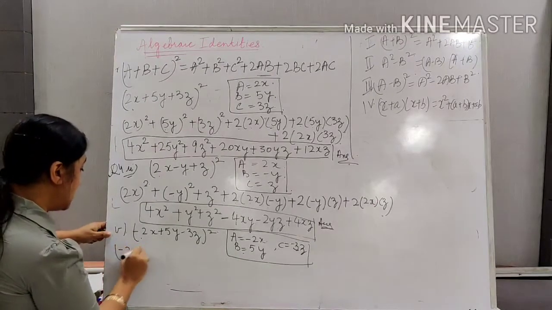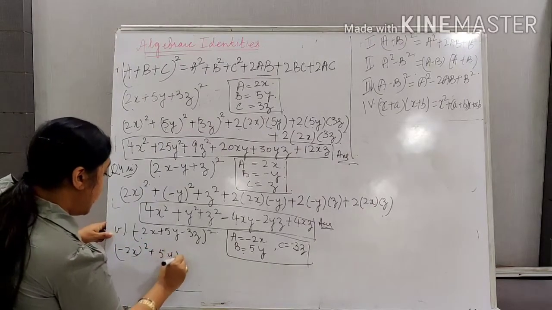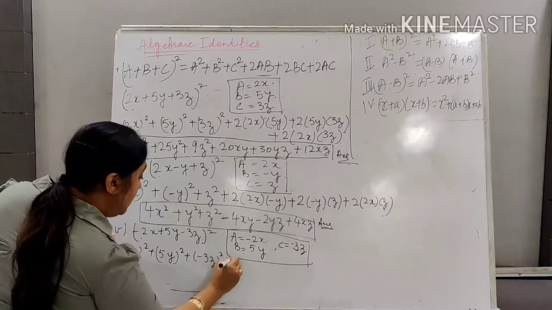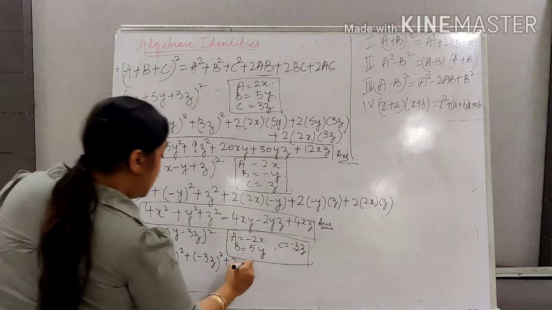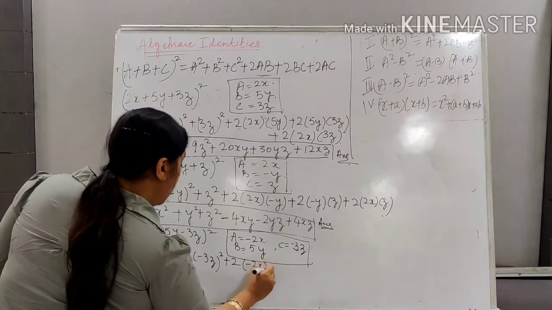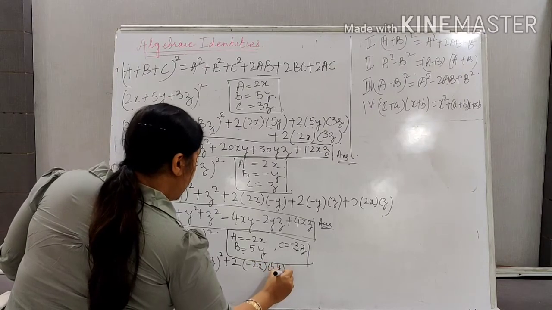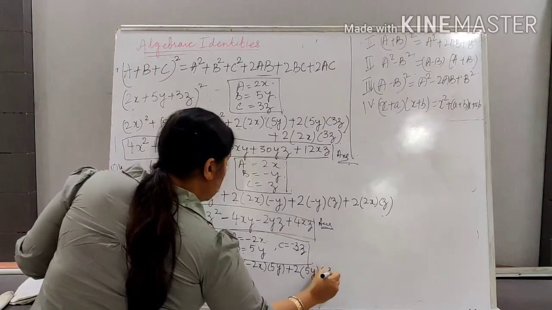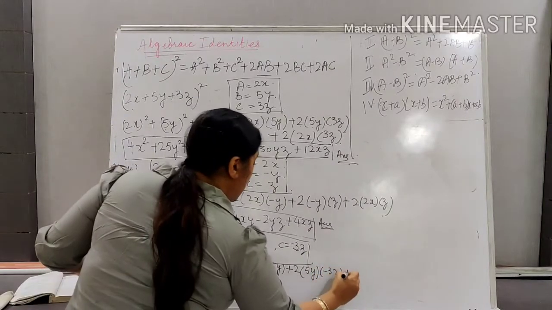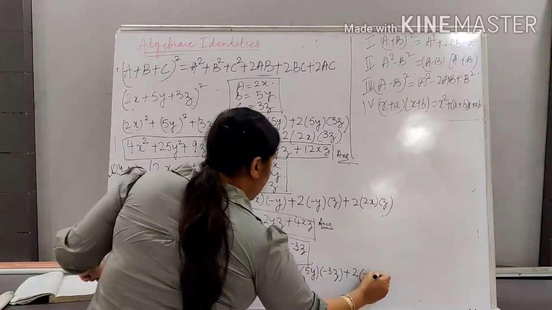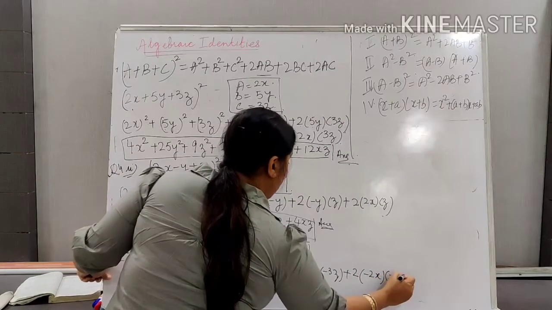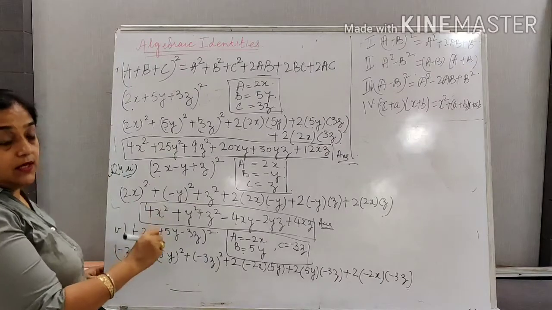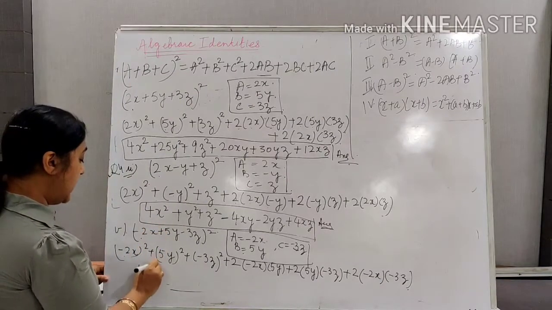Minus 2x whole square plus 5y whole square plus minus 3z whole square plus 2. Now see it very carefully. It is minus 2x into 5y, plus 2 of the formula, 5y into minus 3z, plus 2 of the formula, 2ac, minus 2x into minus 3z. So minus square is positive. It becomes 4x square.